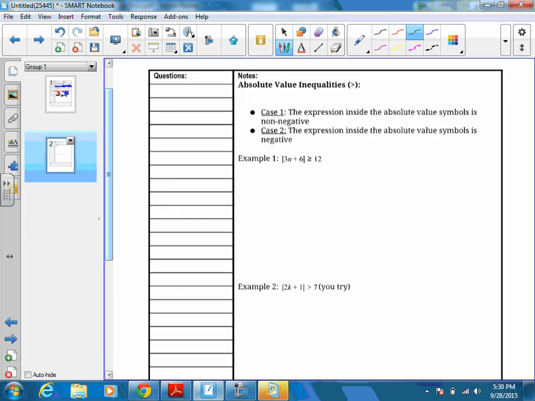If I give you that same definition, the inequality the absolute value of x is greater than 3 means that the distance between x and 0 is greater than 3.